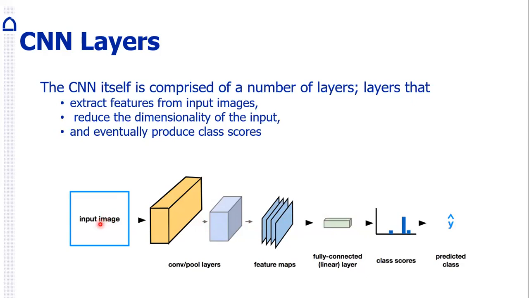We have an input image, and then the input image is passed through many layers until we get the class scores. So the CNN itself is comprised of a number of layers. The layers extract features from the input images and reduce the dimensionality of the input image, and eventually produce classes.